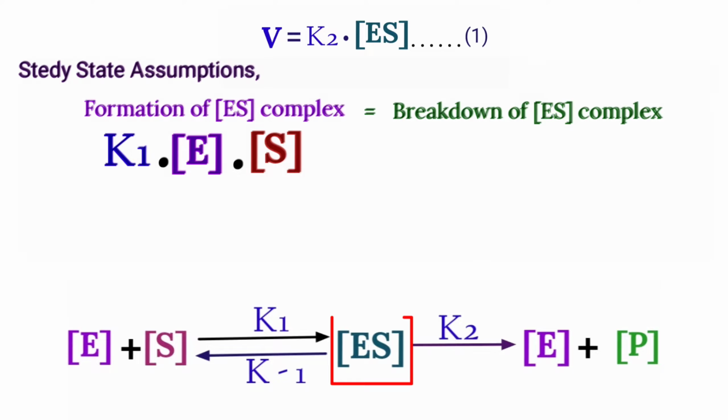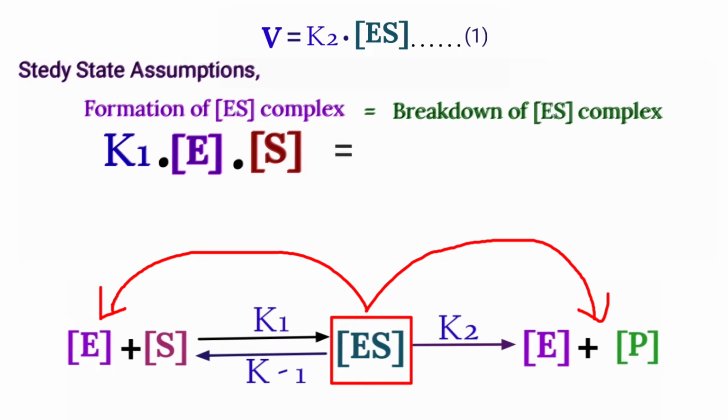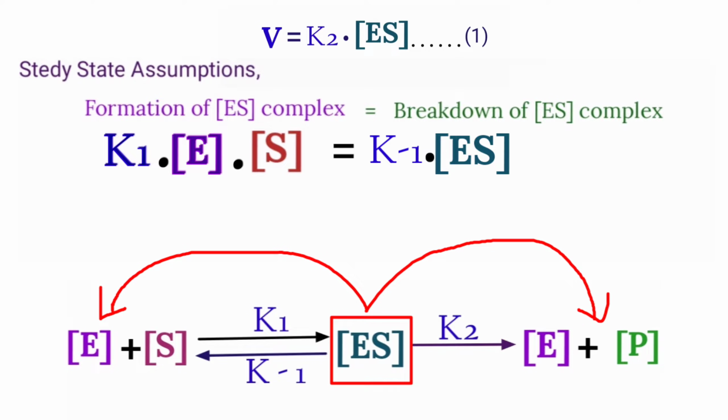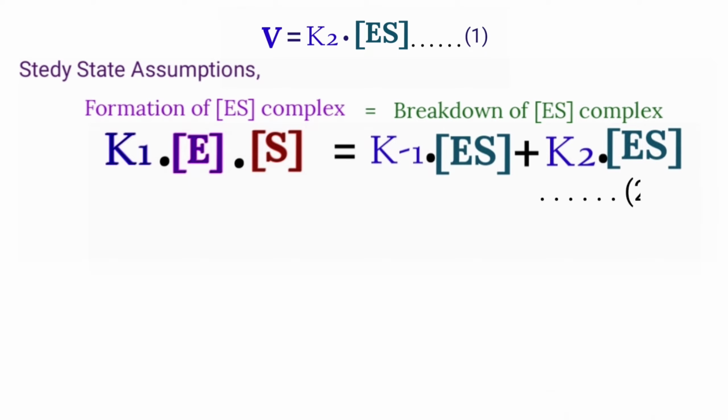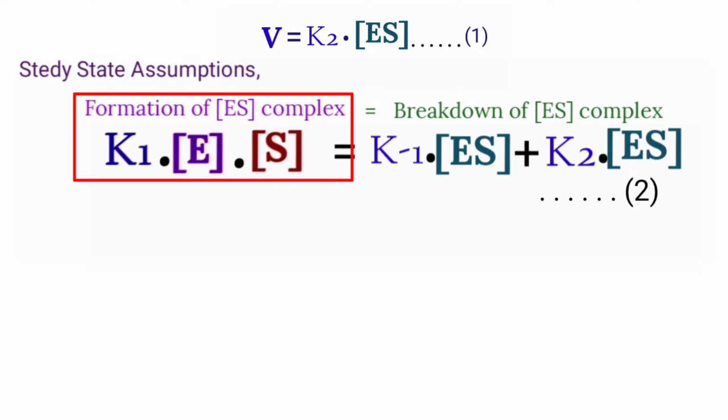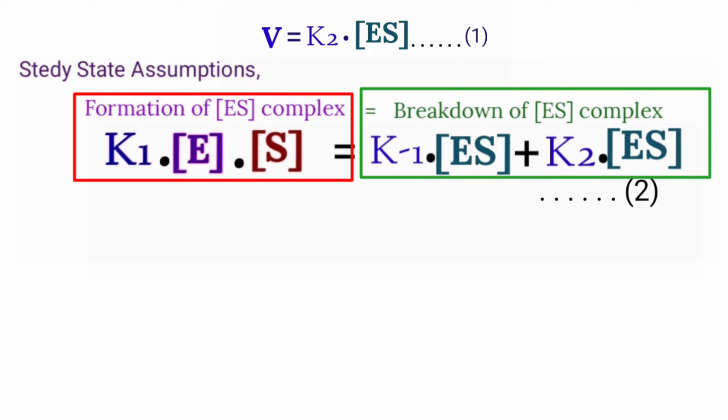Because there are two possibilities for breakdown of the enzyme substrate complex, we can write K-1 enzyme substrate complex concentration plus K2 into enzyme substrate complex concentration. This will be our equation number 2, where we are talking about the formation and breakdown of enzyme substrate complex concentration.